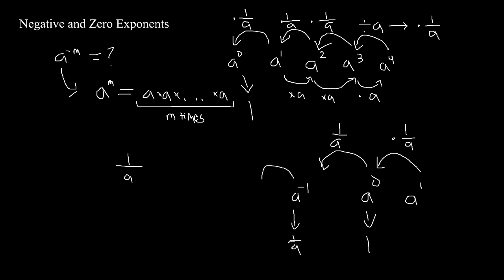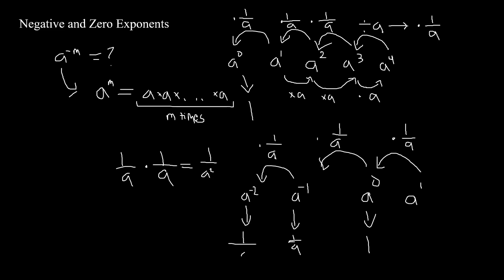And what about a to the negative 2? Let's divide by a again. A to the negative 1 is 1 over a, and dividing by a again, or multiplying by its reciprocal, is the same as 1 over a squared.